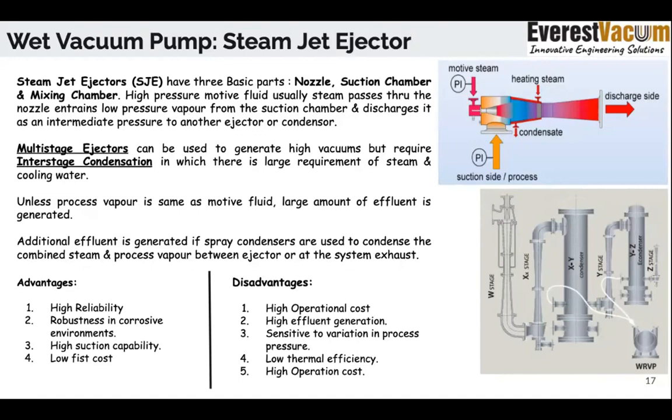Disadvantage is, operational cost is very high, effluent generation is very high, sensitive to variation in processes and pressure, low thermal efficiency, and very high operating cost. First cost is very low, but if I talk about total cost of ownership, or operating cost, the total operating costs are very high.